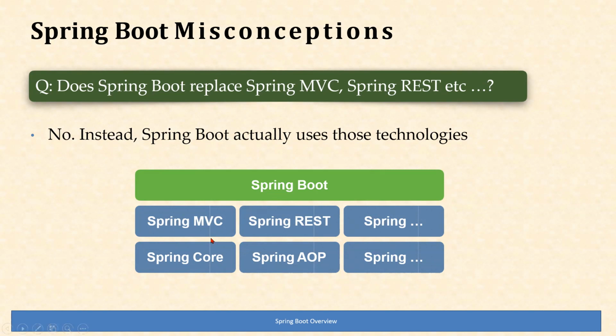Spring Boot uses all of them and quickly creates a project for you. If you want to use MVC, you just need to add one dependency. You want to use Spring REST, add one dependency. You want to use Spring Data JPA, add one dependency. So Spring Boot actually uses this technology. It's not a replacement for any of these things.